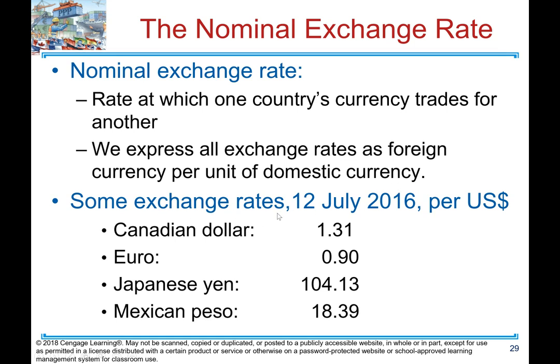Some exchange rates on the 12th of July 2016 per US dollar: Canadian dollar 1.31 for 1 US dollar. For 1 US dollar, you can get 0.9 euro. For 1 US dollar, you can get 104.13 Japanese yen. For 1 US dollar, you can get 18.39 Mexican pesos.